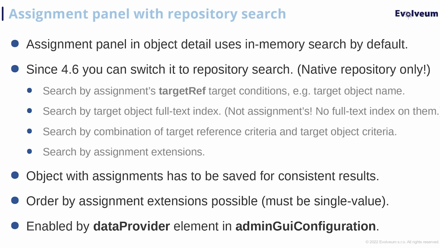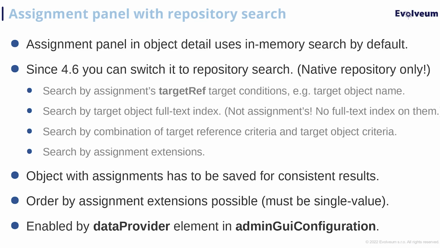Either you can't formulate the query you want, or for instance, you have many assignments for an object, and it's not performing well. Now, of course, we don't encourage people to have too many assignments, but some deployments are just that way. Sometimes it happens, and this is the answer for that.